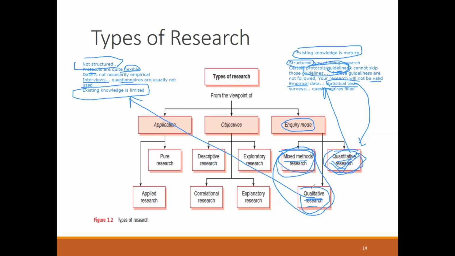But if you're going for qualitative research, then I will provide you all the guidance. But my personal suggestion, because this is your very first attempt at understanding research, is to go for quantitative research. Okay, so these are different kinds of research.